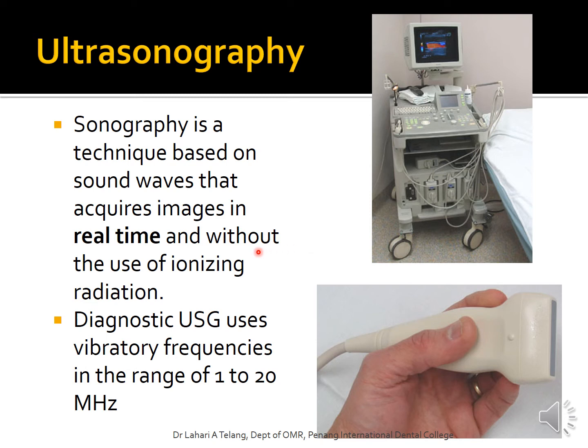Again, there is no use of ionizing radiation, so that's something very important that needs to be noted down. Diagnostic ultrasound uses vibratory frequencies in the range of 1 to 2 megahertz, and this transducer here acts as a device which releases the sound waves as well as receives the sound waves.